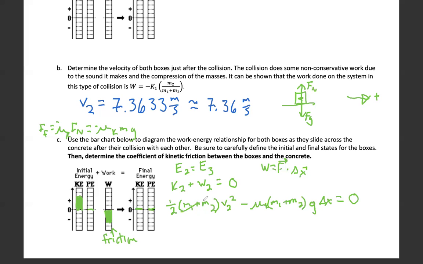And this M1 plus M2 term can cancel. And so we have 1/2 V2 squared equals mu k g delta x. So divide both sides by g delta x to isolate mu k.